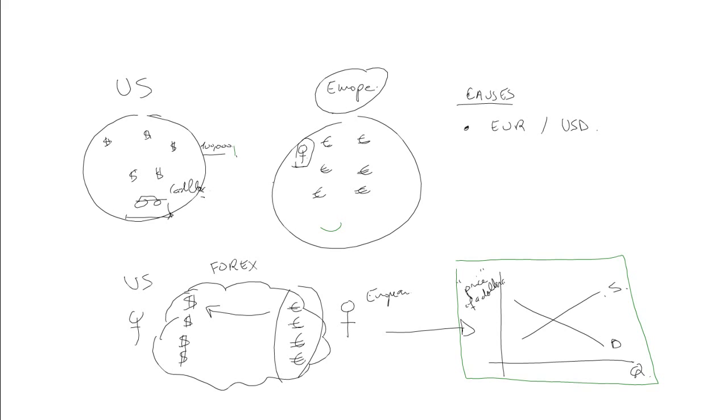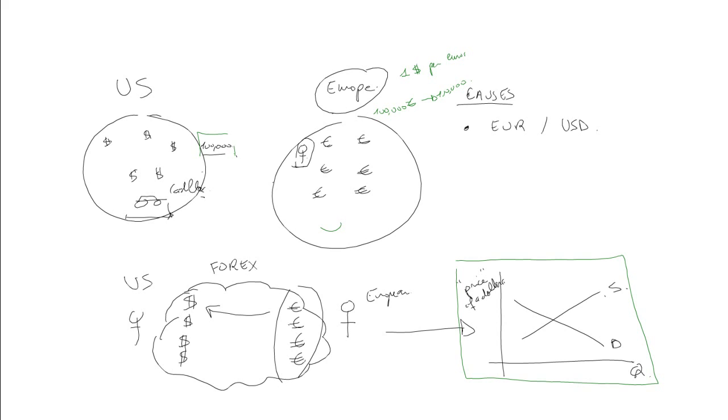Remember that example where I told you that a European wanted to buy a Cadillac for $100,000. If the exchange rate at that point in time was such that 100,000 euros would buy you $100,000, that's an exchange rate of $1 per euro.